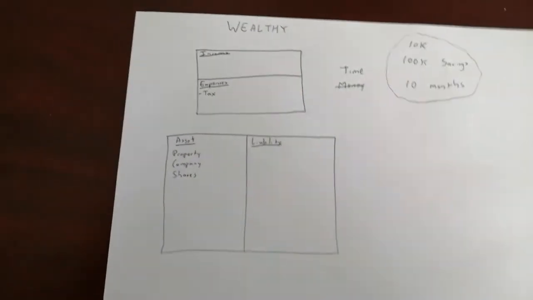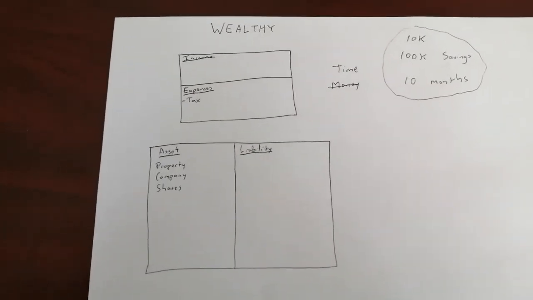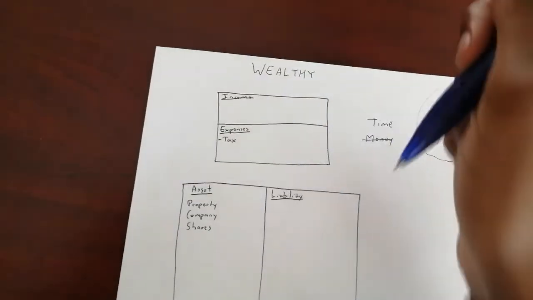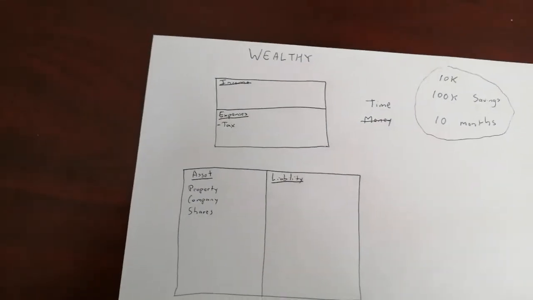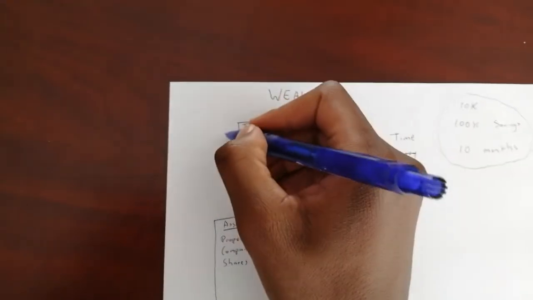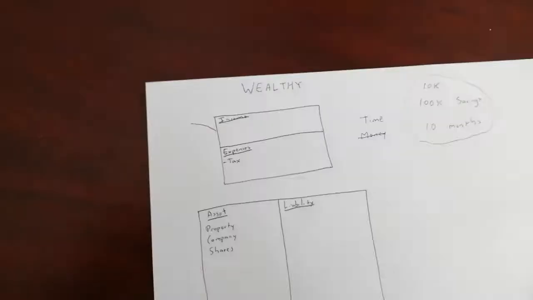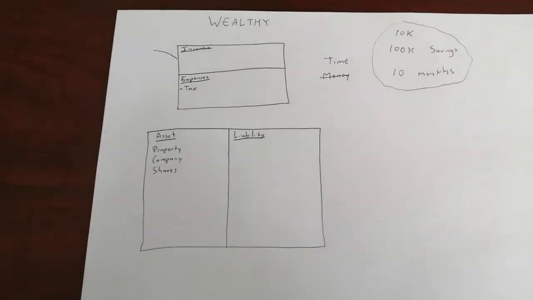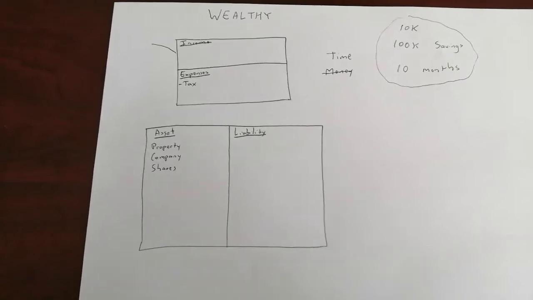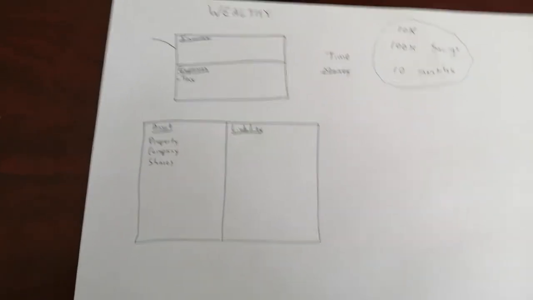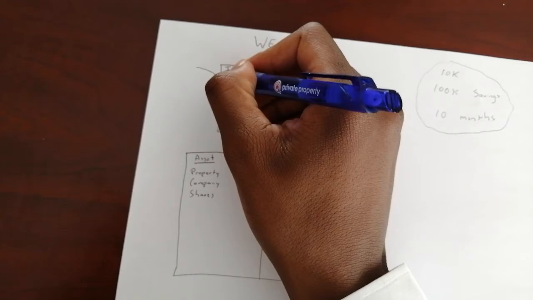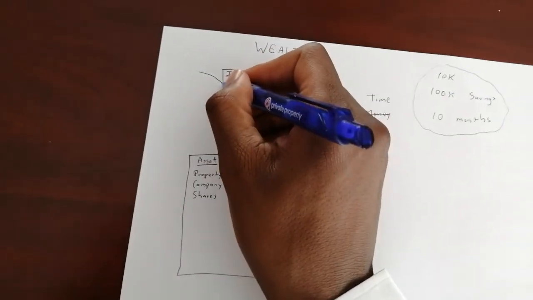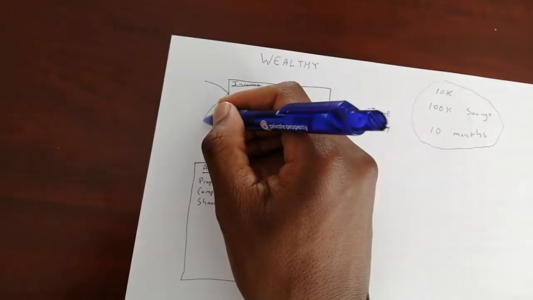So the same applies to wealthy people. They measure their wealth in time and not in money. So let's jump right in. So what wealthy people do is that they earn money. And because they use companies and trusts, what companies and trusts do is that they earn money, spend, then pay tax. So what rich people do is that before paying any tax or anything like that, they earn their money and they buy assets.